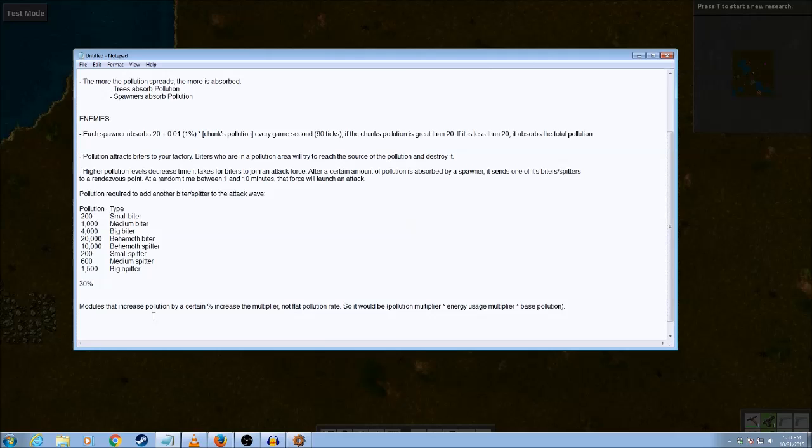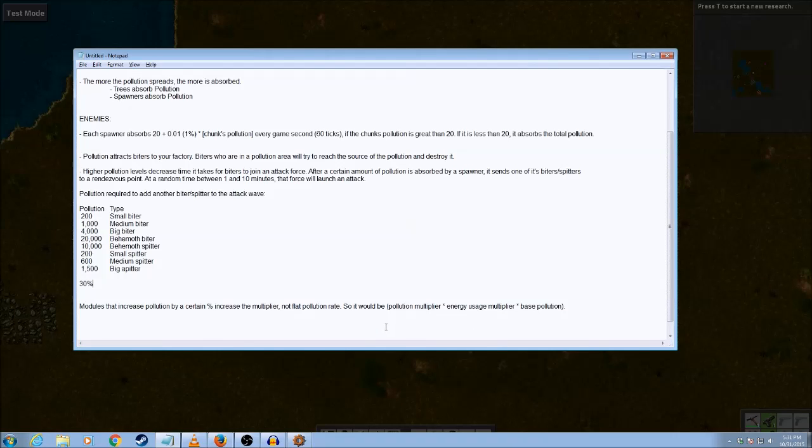An important thing to note is that the thing that increases it by a percent increases the multiplier, not a flat pollution rate, right? So you take the pollution multiplier, which is 30% on a level 1 productivity module, you multiply that by the energy usage multiplier, which we'll go over in a second, and then you multiply that by the base pollution.